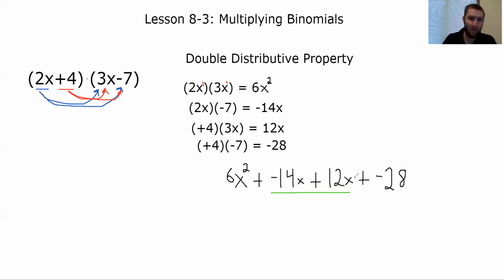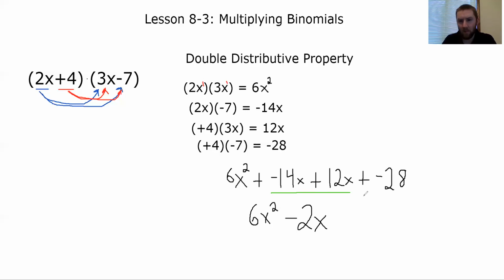Negative 14 plus 12 leaves me with negative 2x. And like I said, I'm going to leave that as a minus sign here. In the front of that, I still have this 6x squared piece.